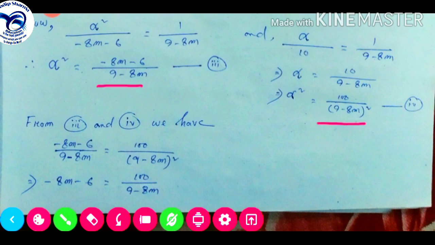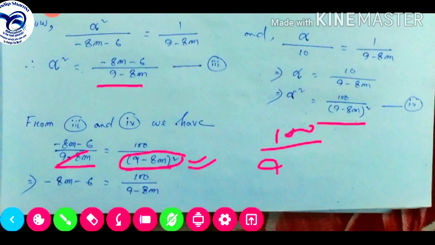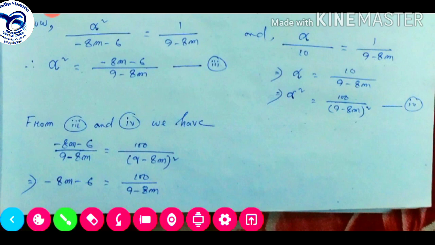Now here you will see on the left hand side the denominator is 9 minus 8m, and here it is 9 minus 8m whole square, that means 2 times. So we are able to cancel this one. Only one time will remain on the right hand side: 100 divided by 9 minus 8m will remain, and on the left hand side minus 8m minus 6 is equal to 100 divided by 9 minus 8m only one time.